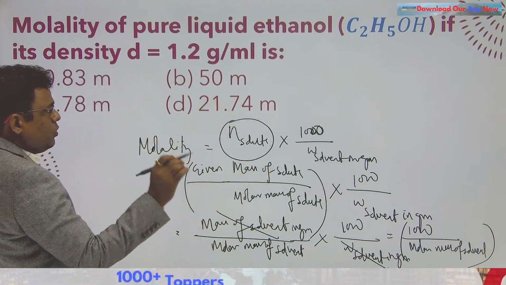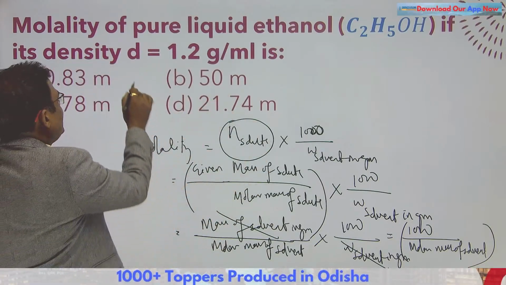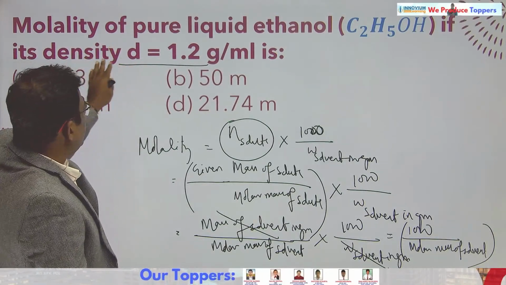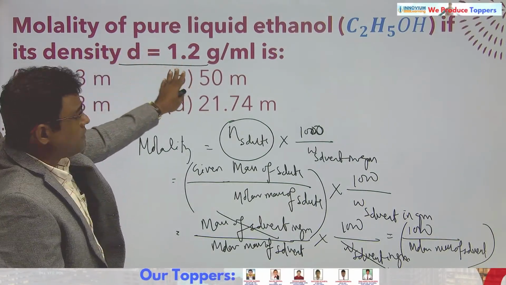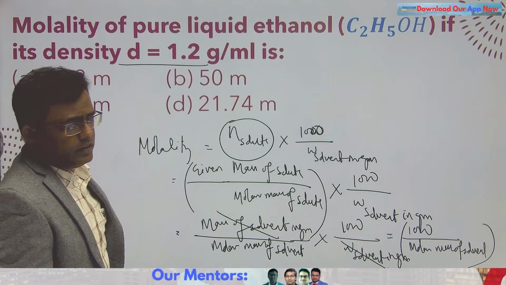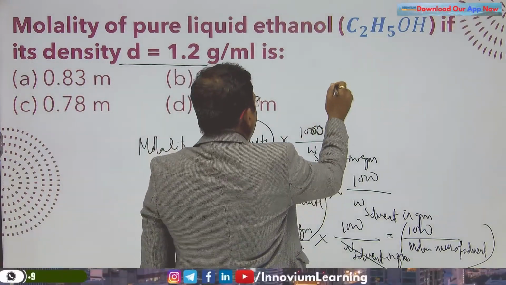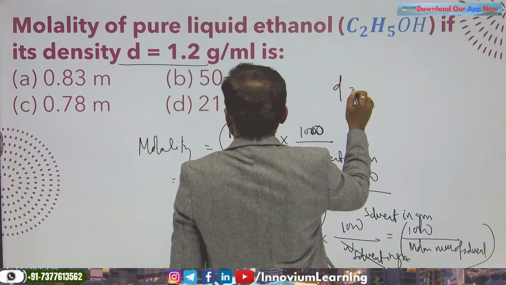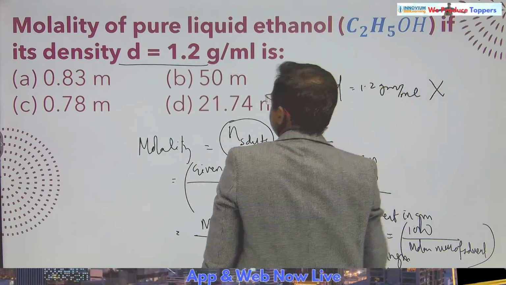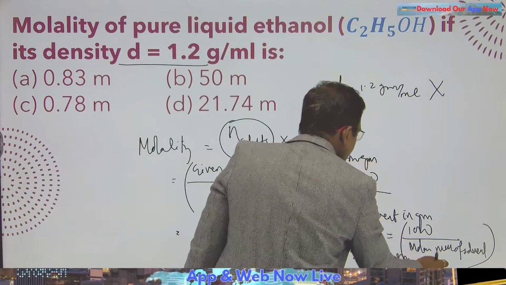Now just to confuse you, the density data is given. The density data which is given is of no use at all to solve this question, correct. Now what is the answer of this question? So you see density is given 1.2 gram per ml. This is of no use, we'll only use this formula.